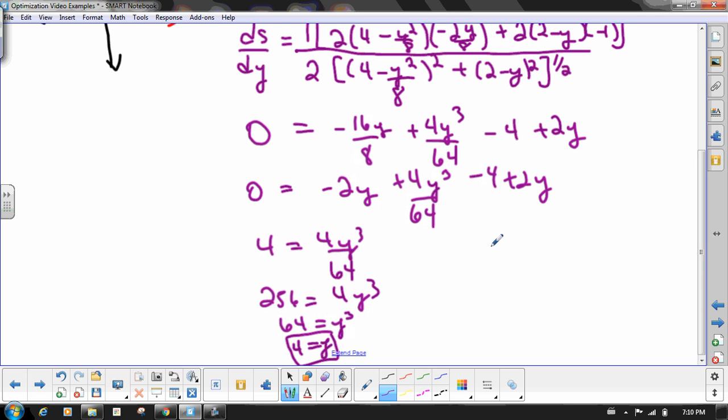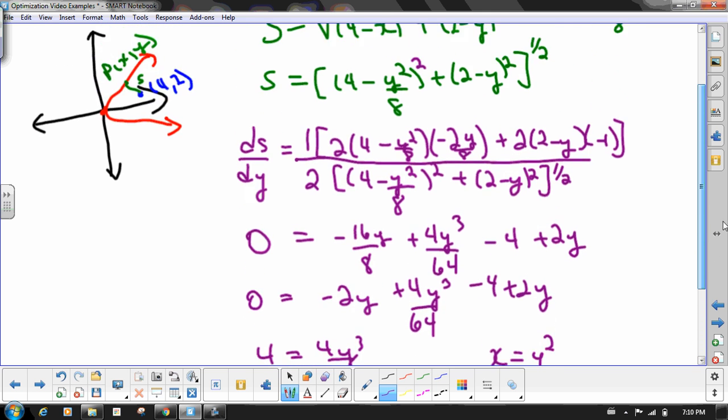Now in our expression, we learned that x was equal to y squared divided by 8. So x is going to equal 16 over 8, which is 2.